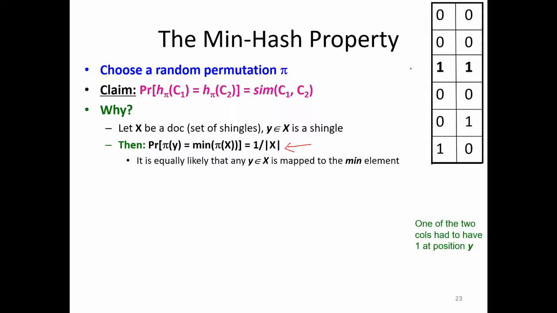Why is this? Because whatever shingles you have, you can just ignore the zero entries. Your total set of shingles may be very high, but you only need to look at shingles which are present in this document X. So there are mod of X many of them.